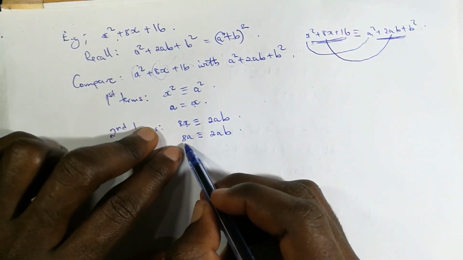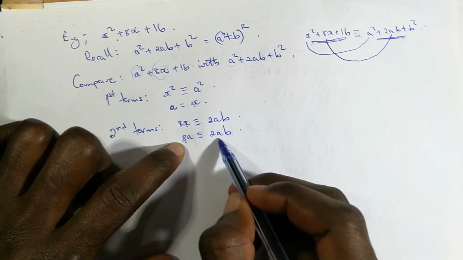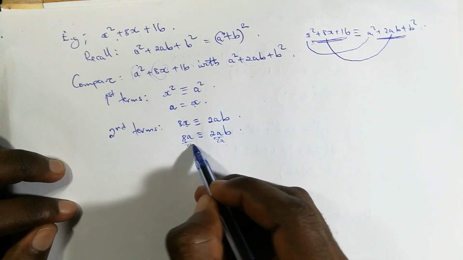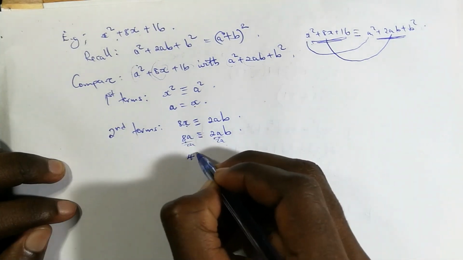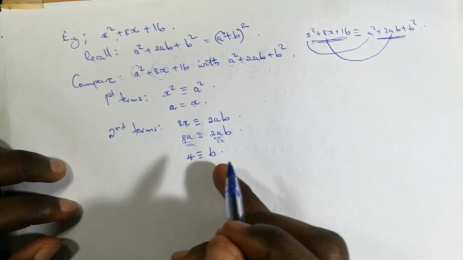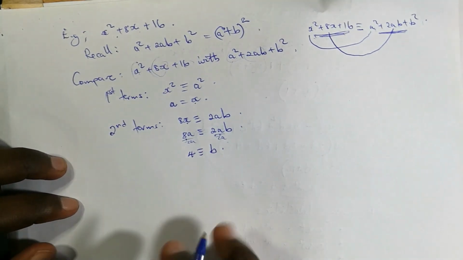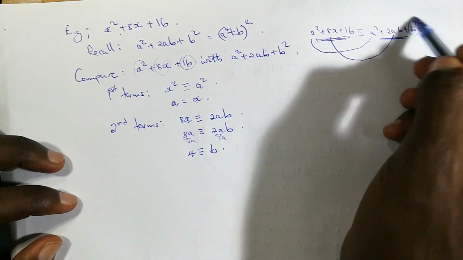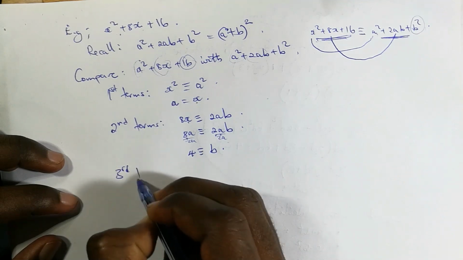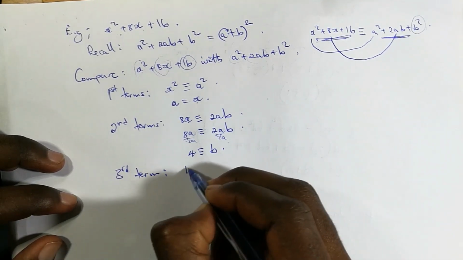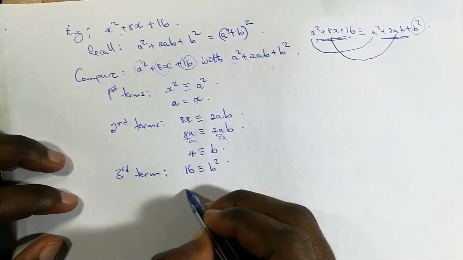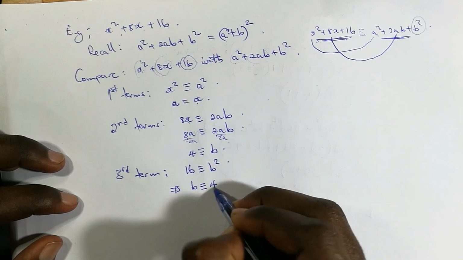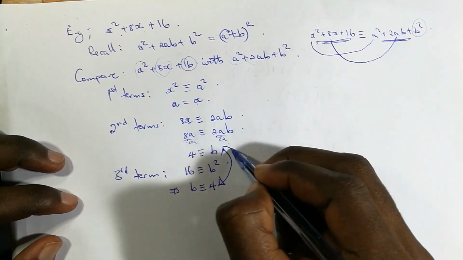We have 2a here and also 2a there, so we can simply divide throughout by 2a, and we remain with 4 being equivalent to b. So b is 4. Now if we compare our third term, 16 and b squared, we have 16 being equivalent to b squared. If you get the root of 16, you have b still being 4, which confirms that these are the same.